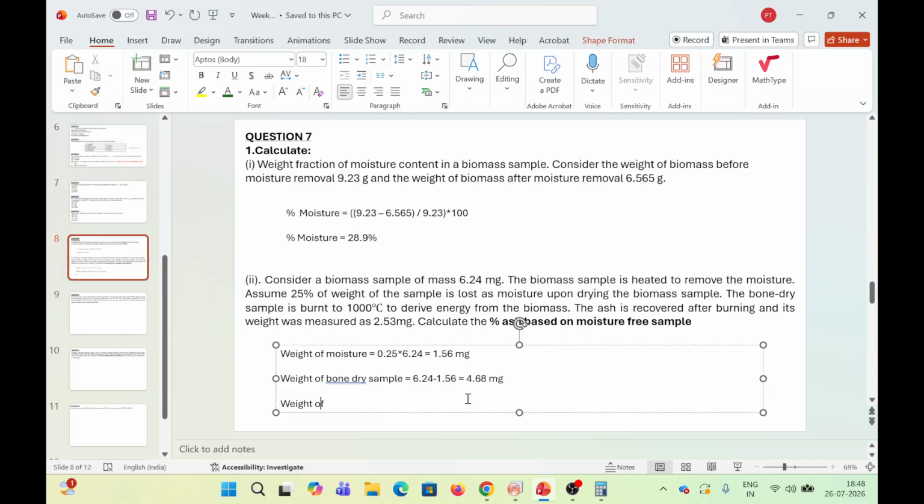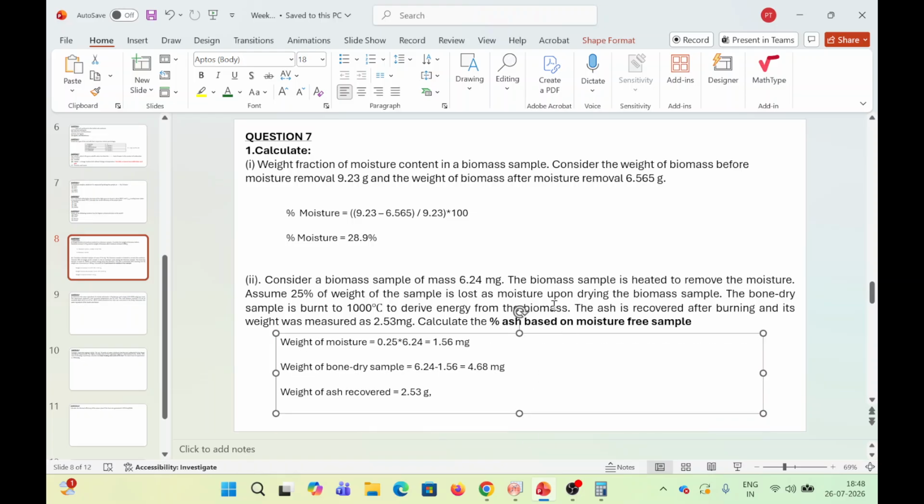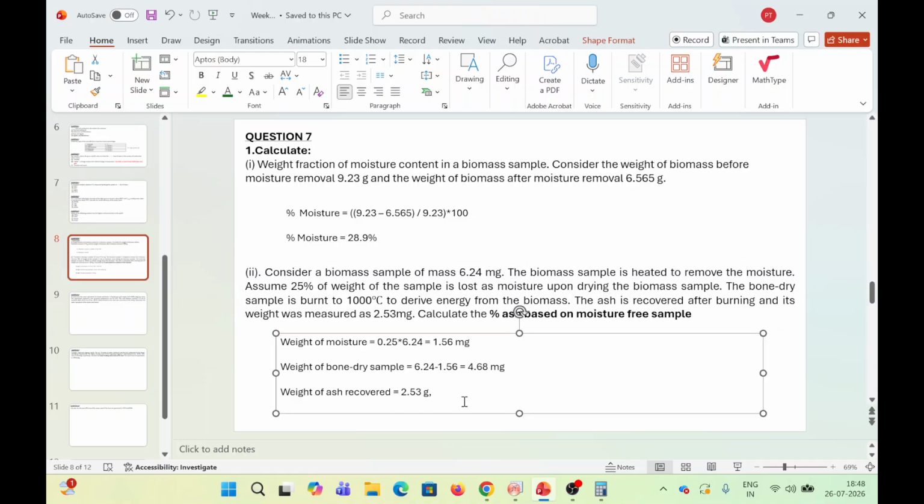Weight of ash recovered is nothing but 2.53 grams. So percentage of ash in moisture free sample is nothing but 2.53 by 4.68 times 100.